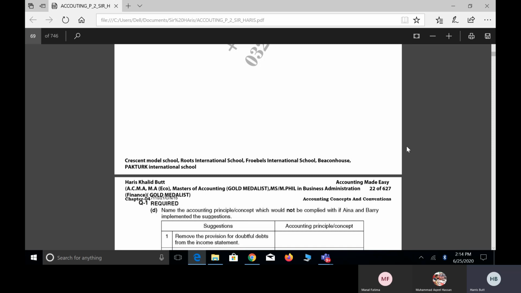And I am sure that nobody has done petty cash book up till now, although it comes in the early part of your syllabus. Has anybody done petty cash book? Any one of you?